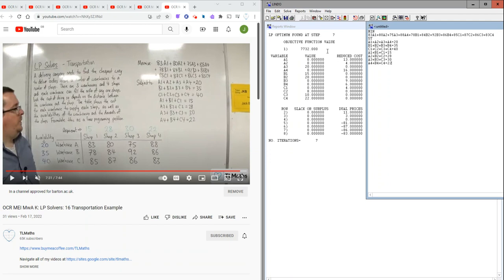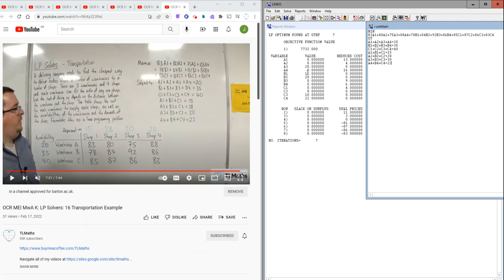Okay, so what it's saying is that warehouse A should deliver all of its 20 boxes or 20 items to shop 3. So all 20 should go to shop 3. And you might pick that initially because it's the least of those 4 numbers there.